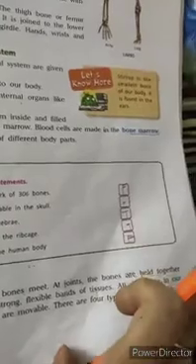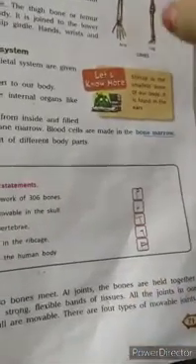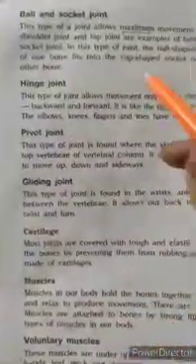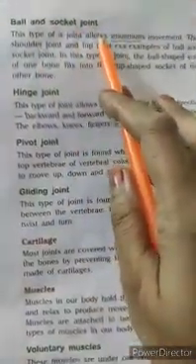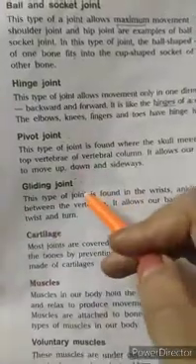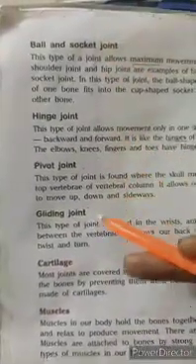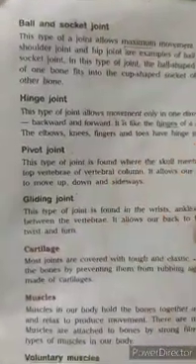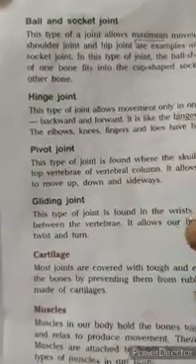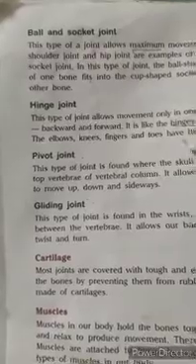Let's read what those 4 types of movable joints are: ball and socket joint, hinge joint, pivot joint and gliding joint. What are movable joints? Joints which can be moved. So those are called movable joints.